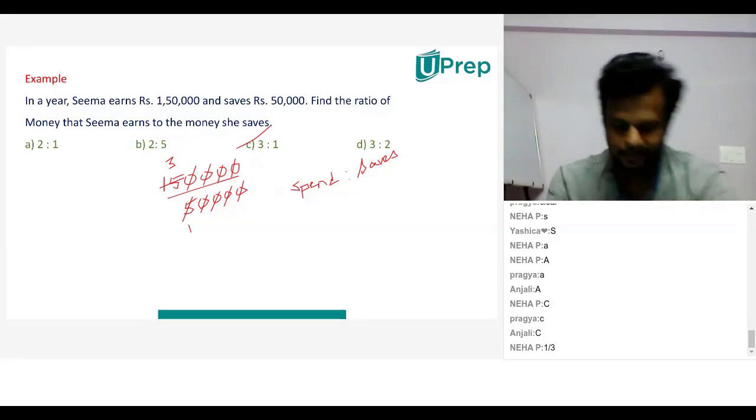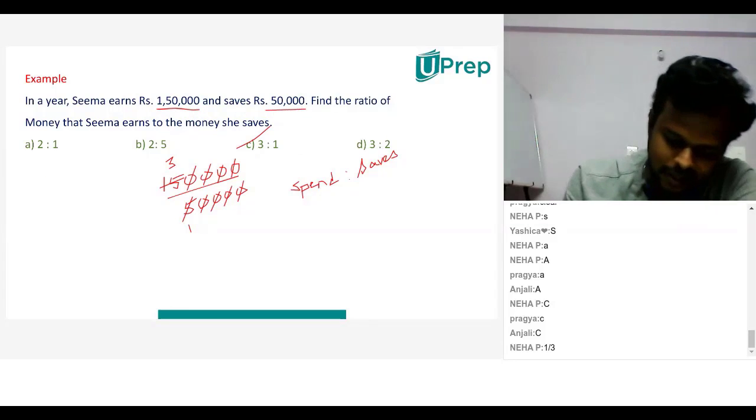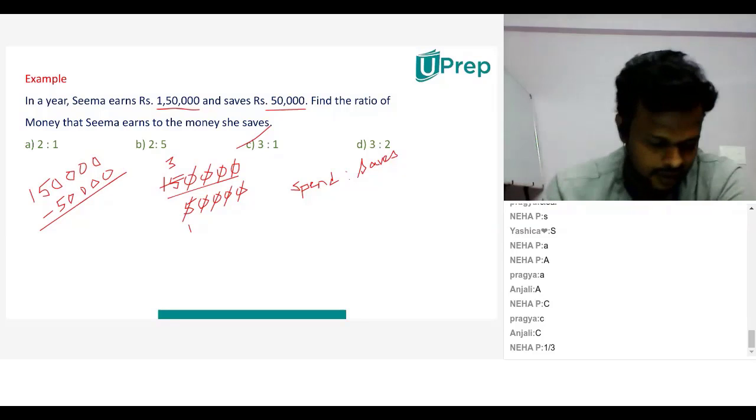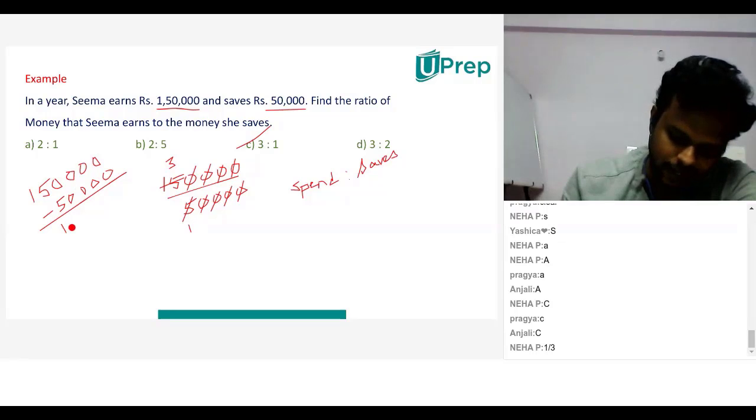No problem. Children, observe me. So Seema is earning 1,50,000 and saving 50,000. That means what is the money she's spending, children? 1,50,000 minus 50,000, isn't it? This is the money she is spending. See, from what I earn, if I remove what I save, I'll get what I spend. So 1,50,000 minus 50,000 will be 1 lakh.